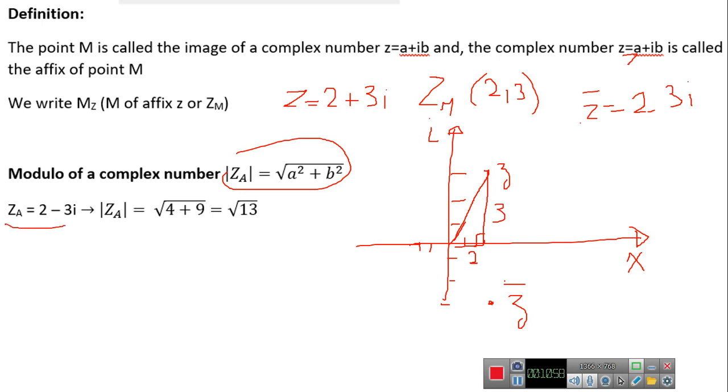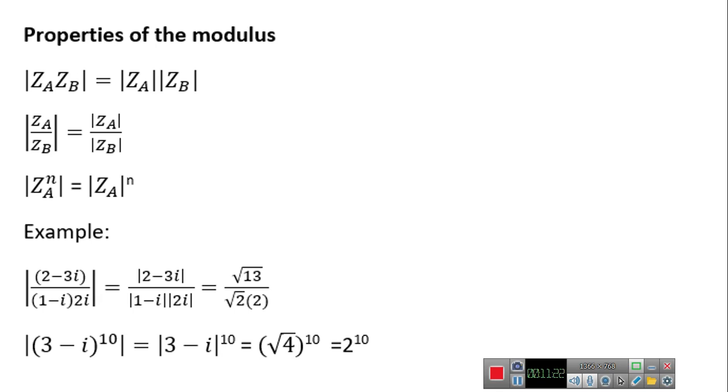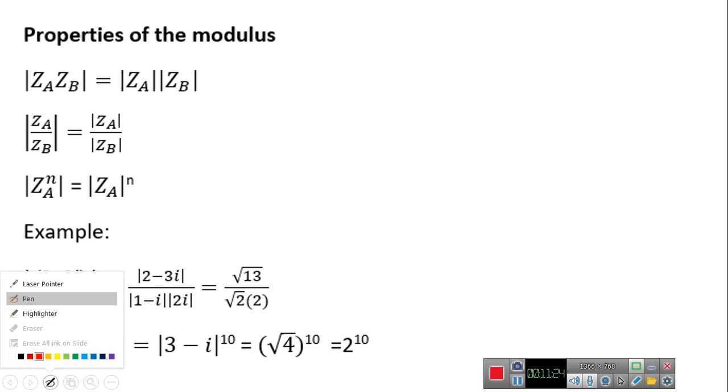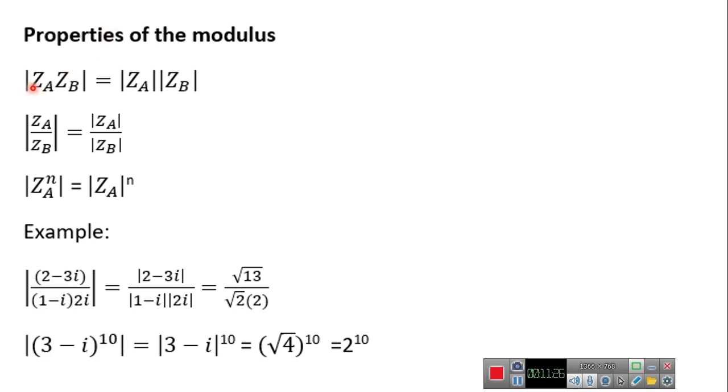So here, if you have this example, the modulo will be radical 4 plus radical 9, which is radical 13. So a complex number is written of the form Zm, and we say Z of affix m, where you have ordered pairs, a will be the real part, b the imaginary part, and if you want to find the norm of Zm, this is nothing else than root a square plus b square.